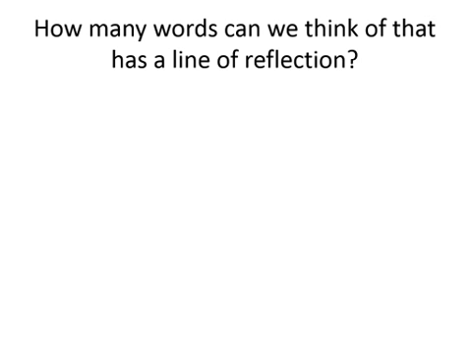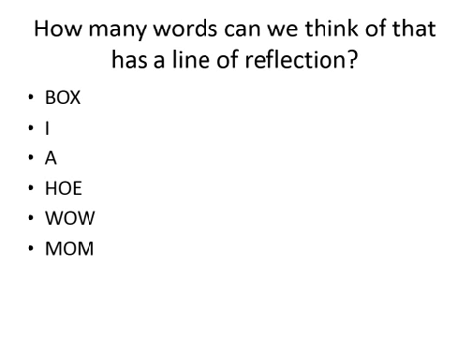Okay, so take a second. I want you to think of capital letter words that can be reflected in some way, kind of like having a line of symmetry on them. Hopefully you figured out one or two. Here's a list of some of them that could be.